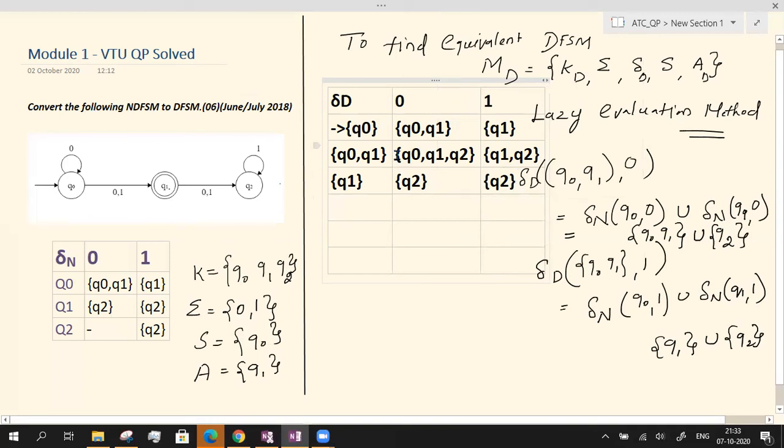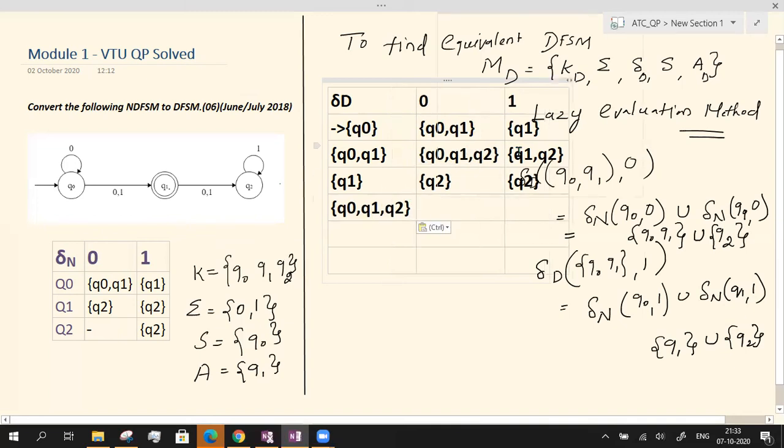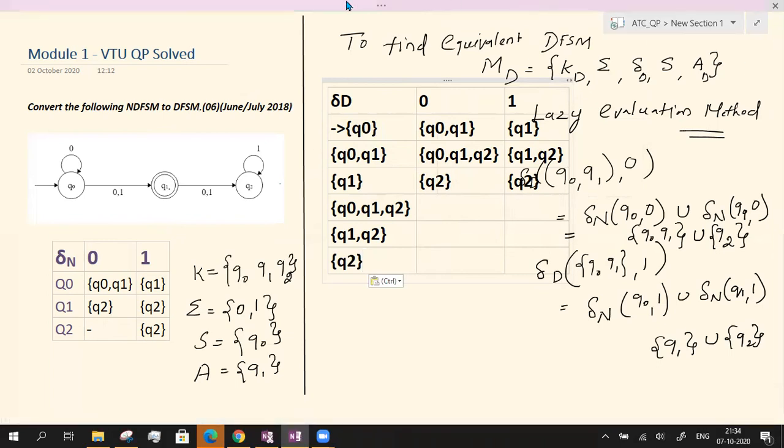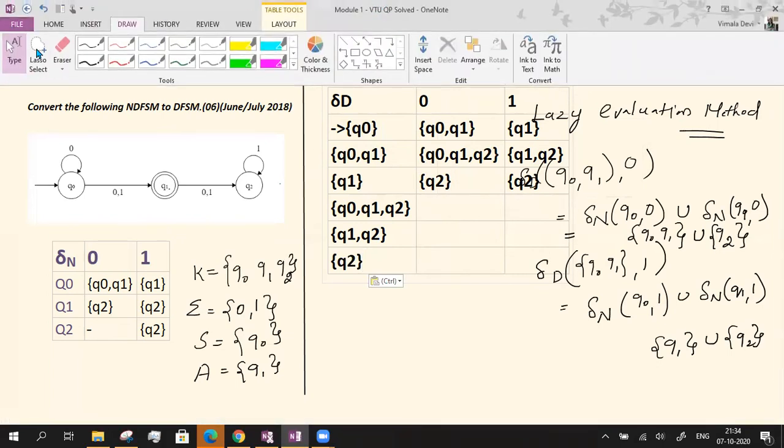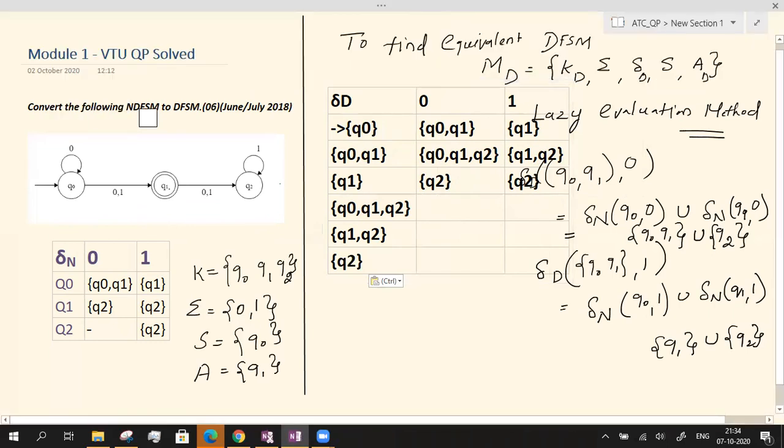I'll just copy paste it here. {Q0, Q1, Q2} is a new state, {Q1, Q2} is also a new state, and Q2 is also a new state. So these are the newly identified states. Just for the sake of clarity, I will erase whatever I have written here.